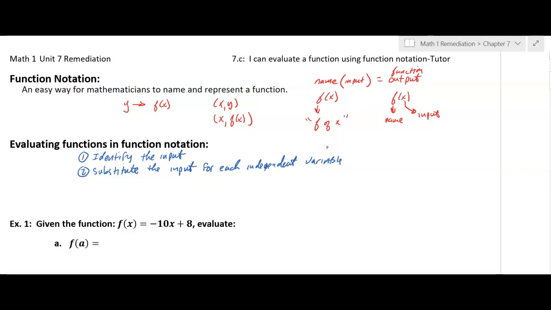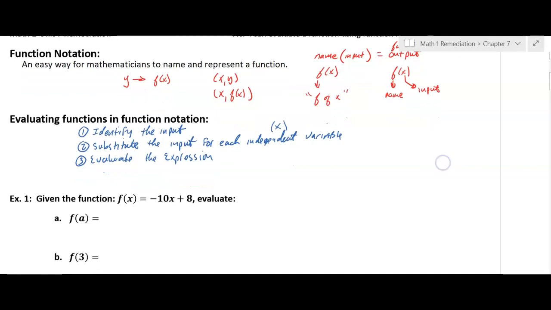And I'm going to say independent variable instead of x. Primarily, it will be x, but that can always change based on the function notation. So once we identify the input, everywhere we see that variable in the function, we substitute the input in for it. And then we evaluate the expression.